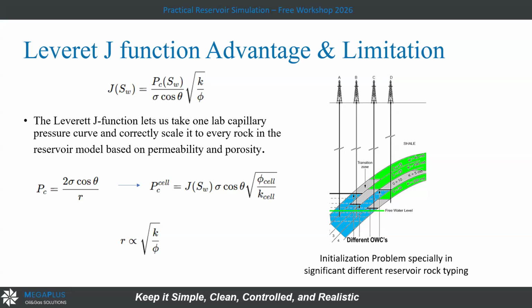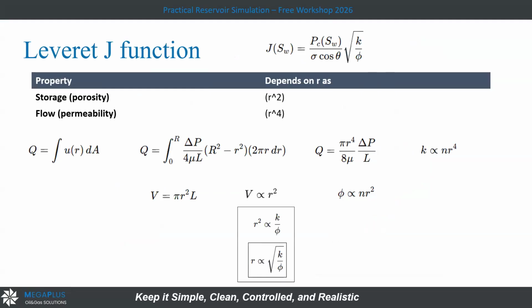So when I insert the capillary pressure, it will be translated to this function and will distribute depending on it. And this is the proof of why pore throat is directly related to the root of permeability, and inversely proportional to the root of porosity.